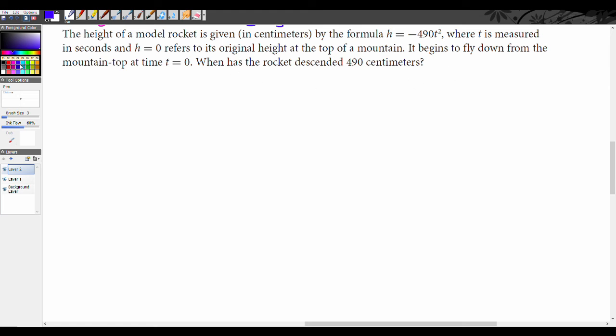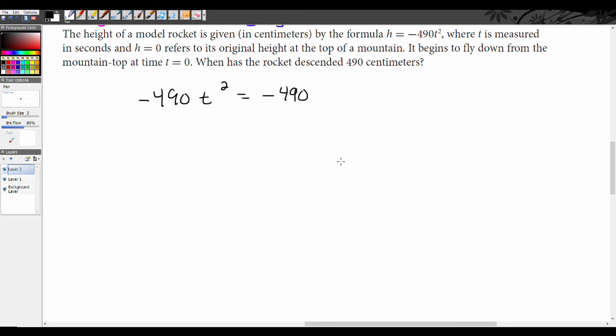So again, I'm going to flip this around, and I'm going to put negative 490 t squared in the front equals h, and I want to know when has it descended 490 centimeters. That means when has it decreased 490. So that's going to be when is negative 490 t squared equal to negative 490.